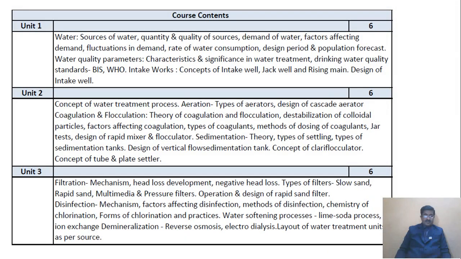Then unit 3 also comprises 6 lectures, and the contents are filtration mechanism, head loss development, negative head loss, types of filters: slow sand, rapid sand, multimedia and pressure filters, operation and design of rapid sand filter, disinfection and mechanism, factors affecting disinfection, methods of disinfection, chemistry of chlorination, forms of chlorination and practices, water softening processes, lime soda process, ion exchange demineralization.